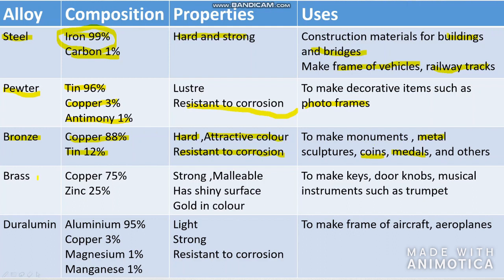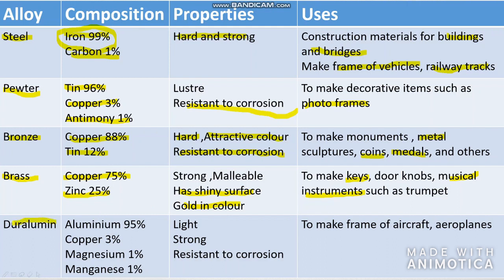Next, brass. The major composition in brass is copper, iaitu 75% and zinc 25%. Okay, it's gold in color, has shiny surface. Apakah kegunaan brass? Iaitu buat alatan muzik ataupun kunci. Ingatlah, brass digunakan untuk membuat alatan muzik.